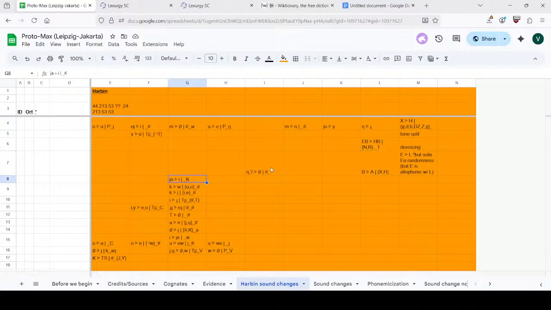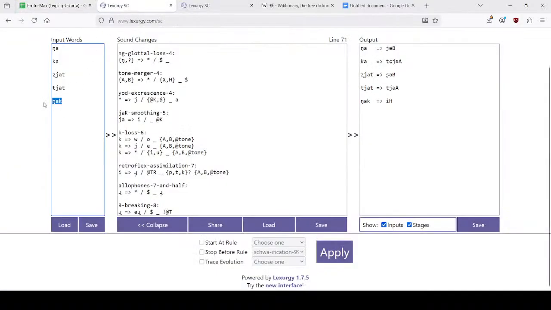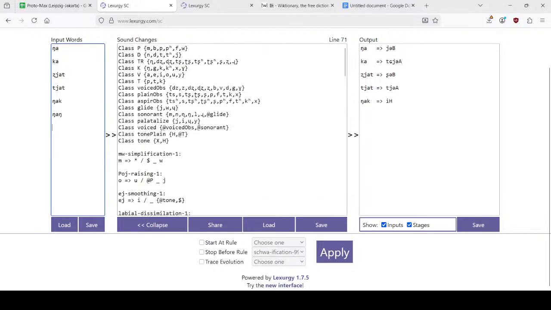Does this have to happen? No, but then the problem is forms like ngang and like ra, I guess. Do we have ra?